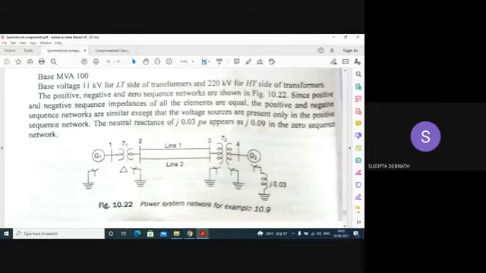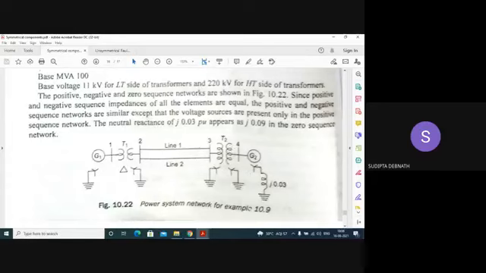You have to consider that also. Suppose the current entering here is IG2, but that current magnitude will be equal, while its phase will not be equal to that current supplied by G1, because this is delta star. There will be some phase shift here. That will not be the case here.